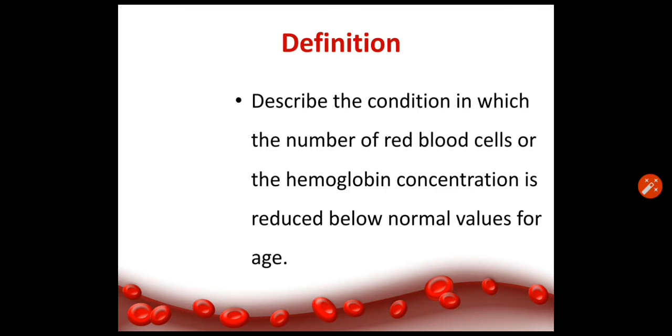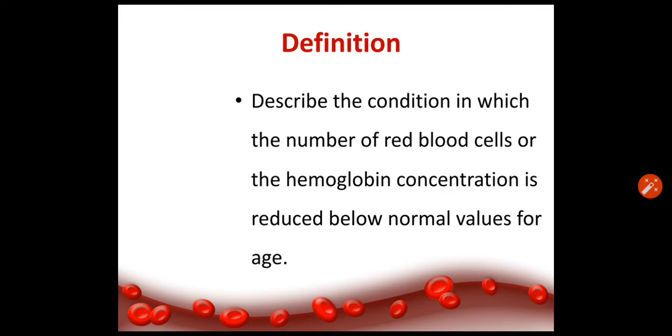The anemia can be the reduction of RBC, that is the first point. The second point is it can be the reduction of hemoglobin concentration. But you have to refer to the normal values according to the age of the person.